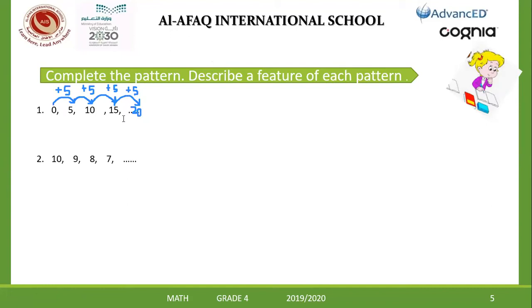So I can describe this pattern: the numbers are multiples of 5.